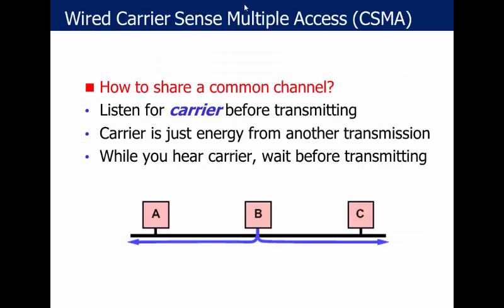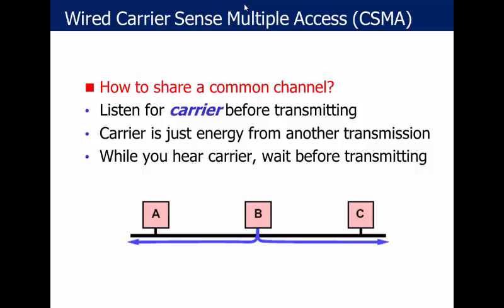So, how to share a common channel? For example, this is a very typical wired network, but similar to the wireless network as well. The theory that we can find from wired networks can be applied to wireless by tuning a little bit. All the ideas and problems that occur in wired occur the same in wireless.